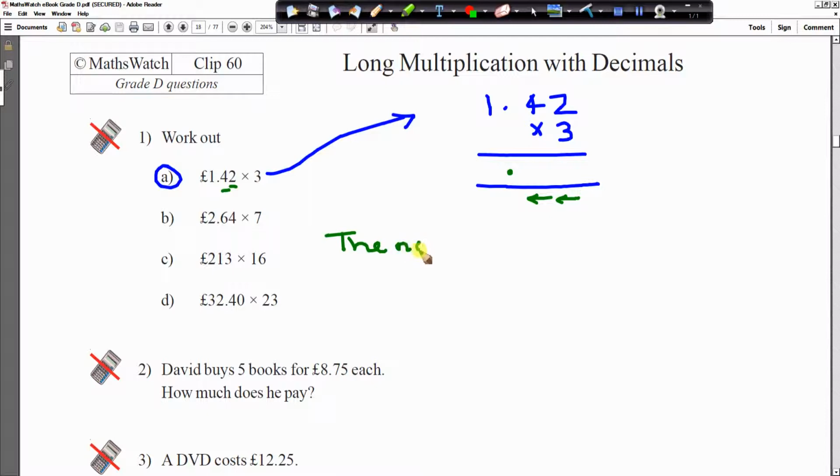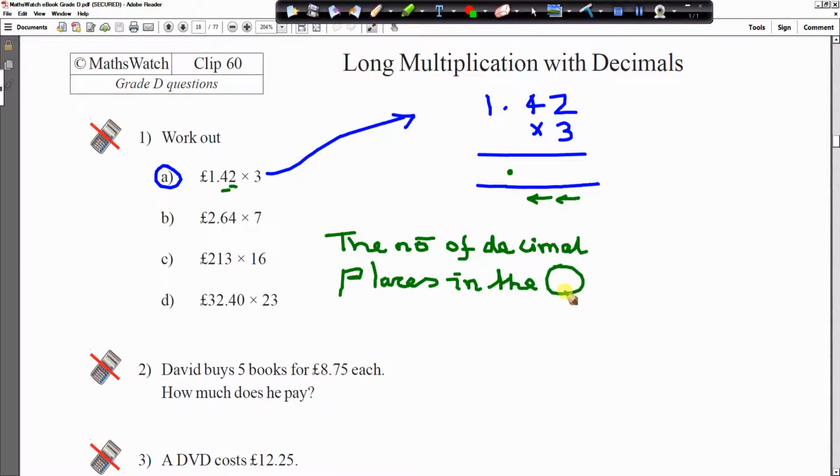So the number of decimal places in the question is equal to the number of decimal places in the answer.